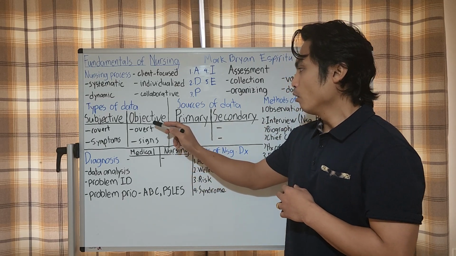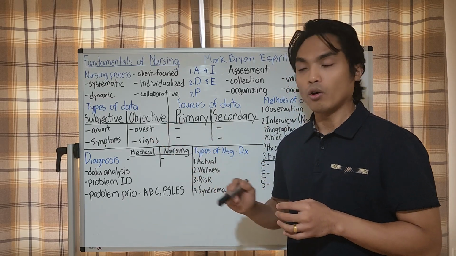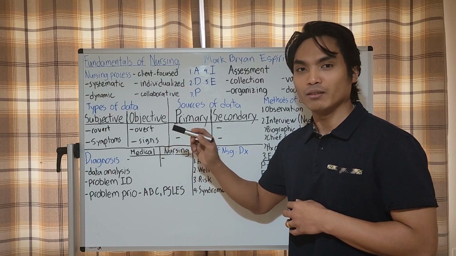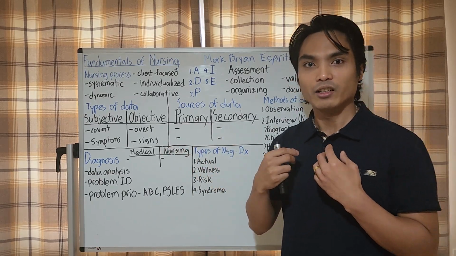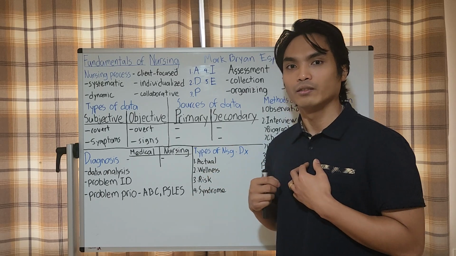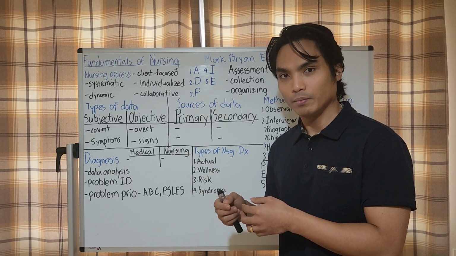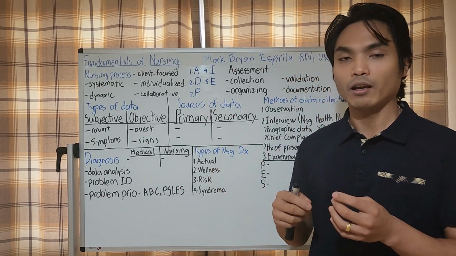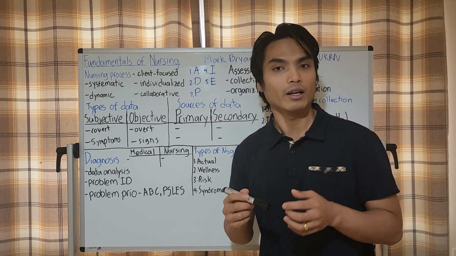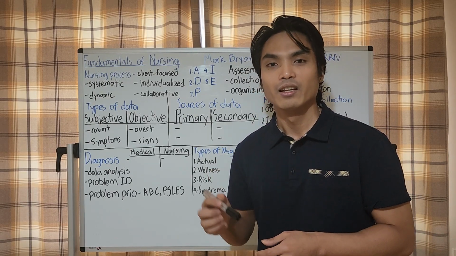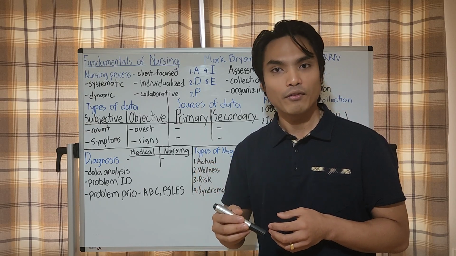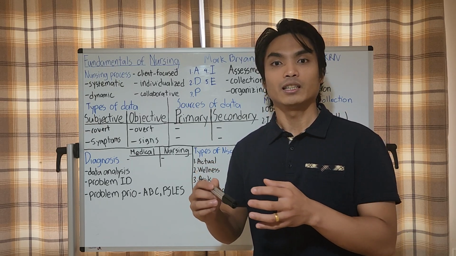And objective data are overt or your signs. It means it is us nurses who can observe these health cues. And these objective data are measurable. So for example, your vital signs, temperature of 36.7, respiratory rate of 33.